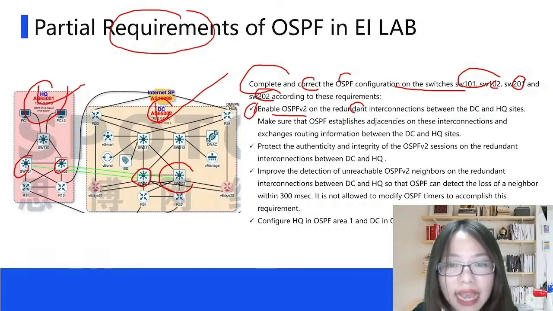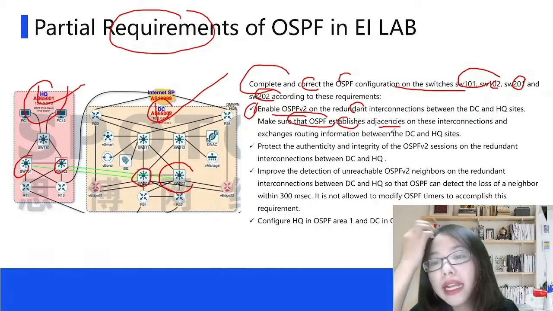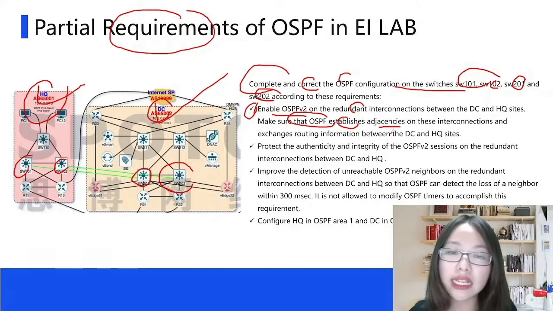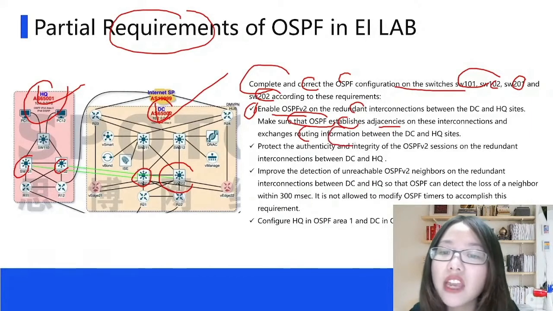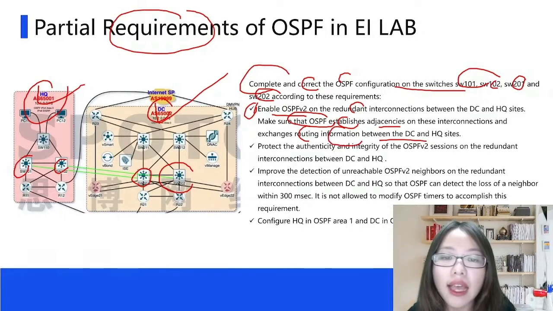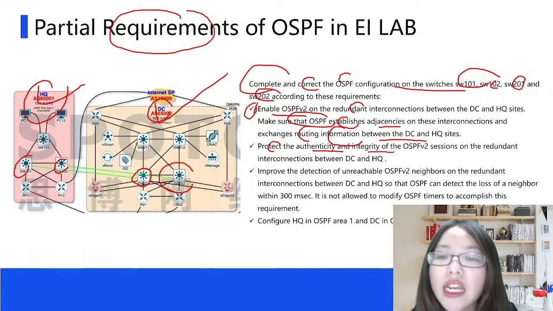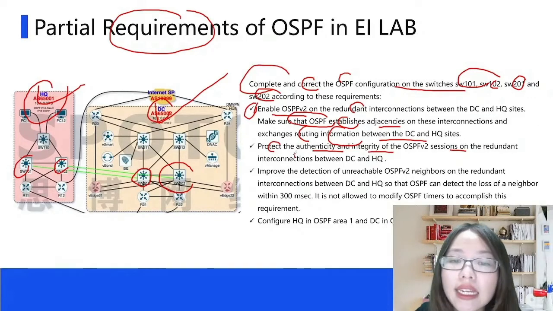You should make sure that OSPF establishes adjacency on this interconnection and exchanges routing information between DC and HQ.